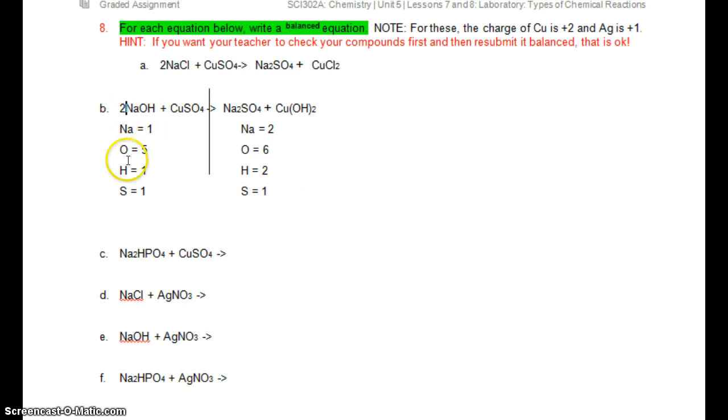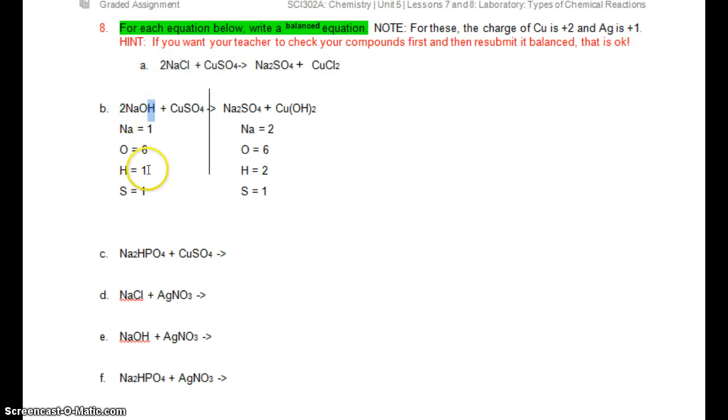2. So now I have 2 sodiums, but it distributes. So how many oxygens? Well, I have 2 plus 4 gives me how many total? 6. I don't care that I had 5 before. I only want to know how many I have right now. So I have 2 plus 4 gives me 6. How many hydrogens?